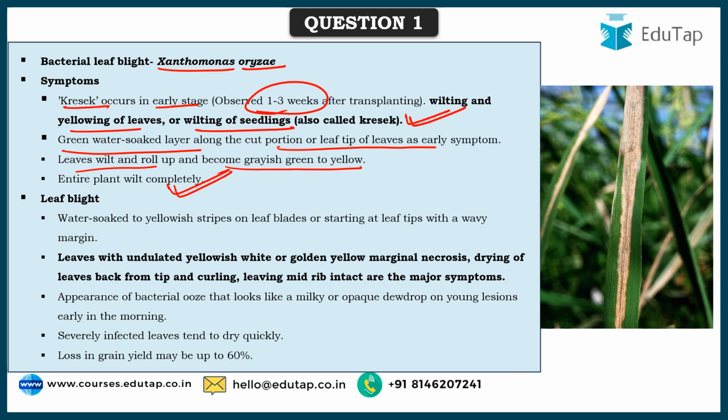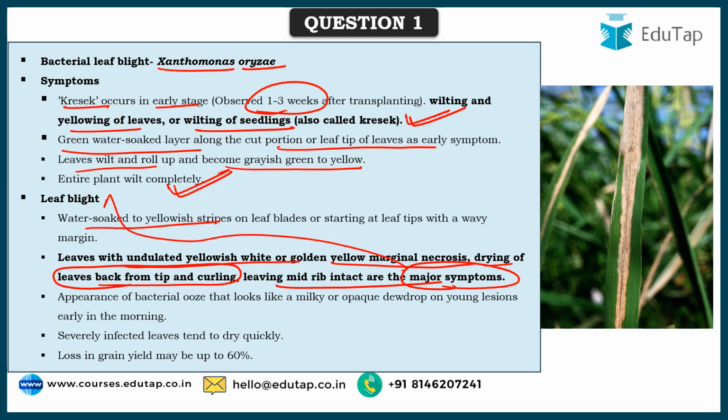Now what are the various leaf blight symptoms that can be seen when the plant grows? As you have seen, water soaked to yellowish stripes, leaves with undulated yellowish white or golden yellow marginal necrosis, drying of leaves back from the tip and curling, and then leaving the midrib intact are the major symptoms of leaf blight.